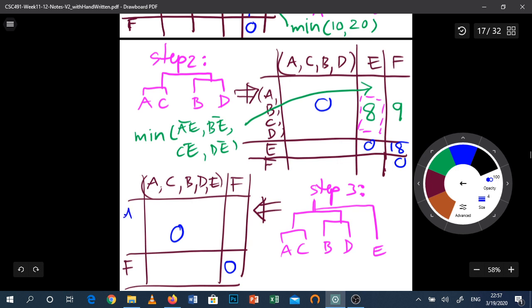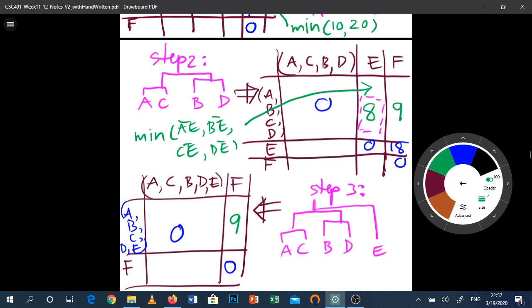And this one has A, B, C, D, E. And this one updates to the value of 9.